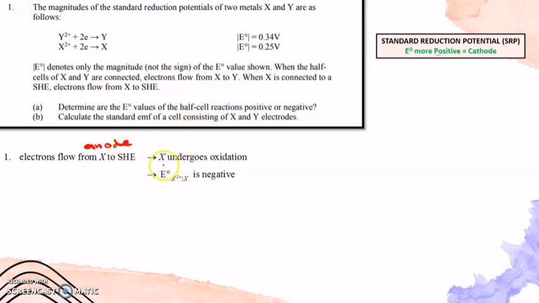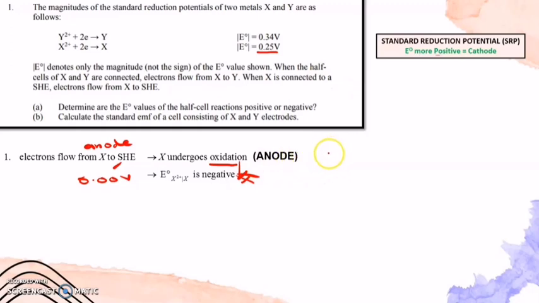So X as an anode will undergo oxidation, and with the idea that the more positive E naught becomes the cathode, and we know that She has the value of 0.00 volt, E naught for X2 plus X must be smaller than 0, so it will be a negative value.